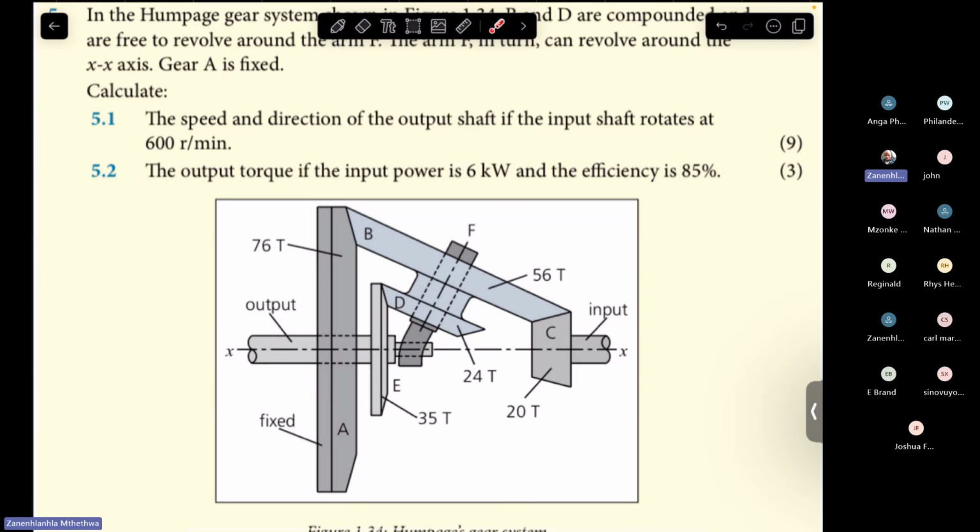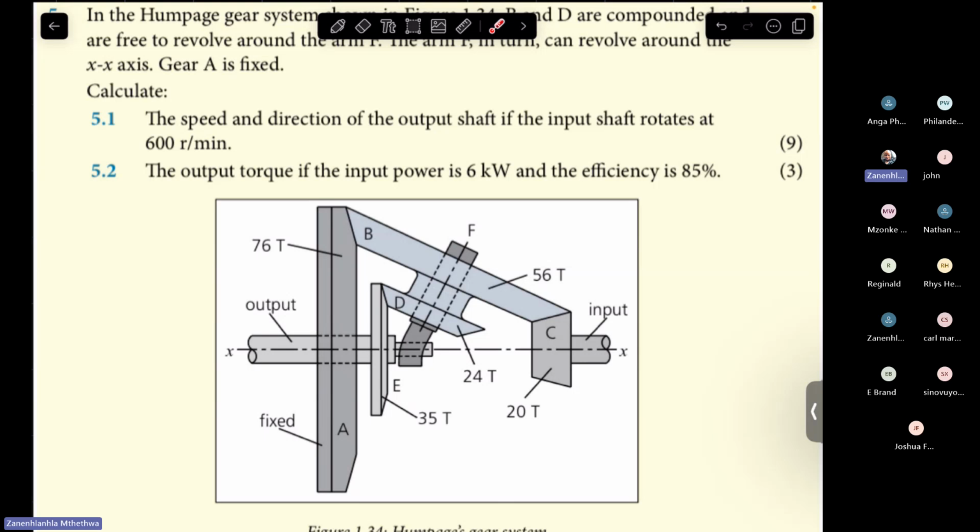The reason for that is that under bevel gears, we get two types of epicyclic gear systems. You get an epicyclic gear system made of bevel gears, and then we get this one here, which is a Humpage epicyclic gear system. For a Humpage epicyclic gear system in particular, any and all gears and arms, or any and all components, we take as being part of the epicyclic gear system.